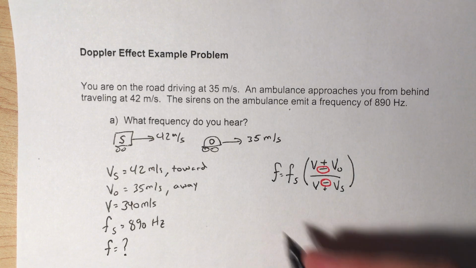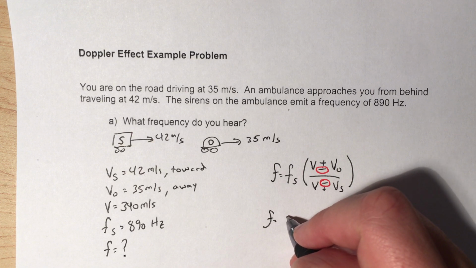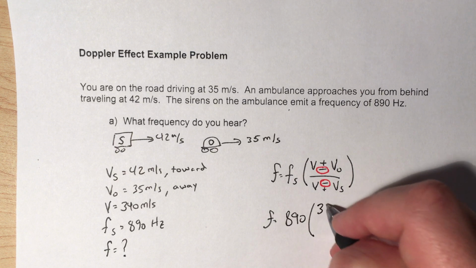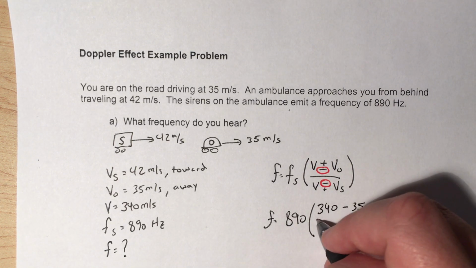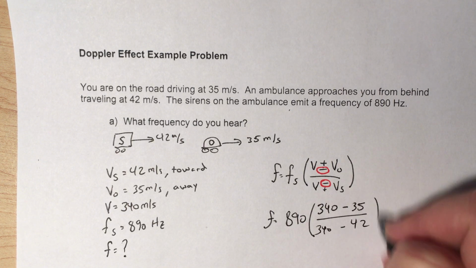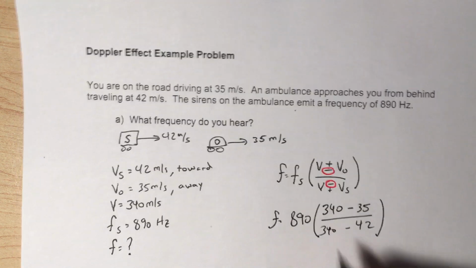Okay, so what do I have here then? The frequency is equal to the frequency of the source, which was 890, times 340 minus 35 divided by 340 minus 42. And then it's just a matter of entering into your calculator. If you don't have a scientific calculator or aren't sure about it, we can do some order of operations.